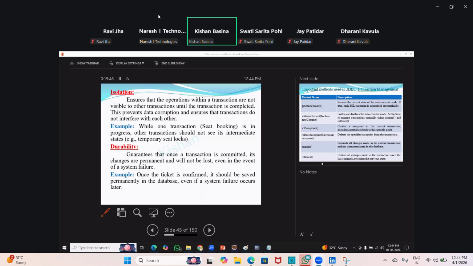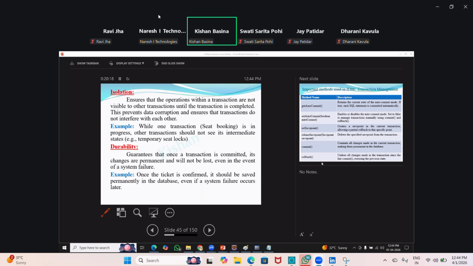Isolation in the sense that whatever transactions we have done should not be visible to others. For example, if you're trying to book a ticket in AbhiBus, you selected one seat, and your transaction failed.